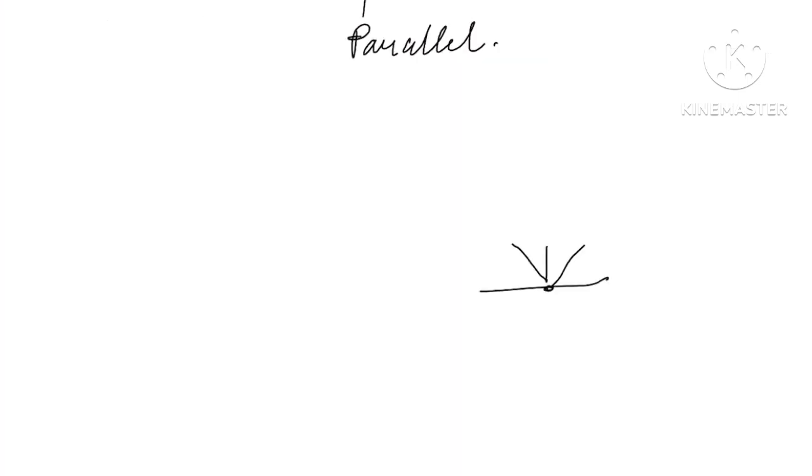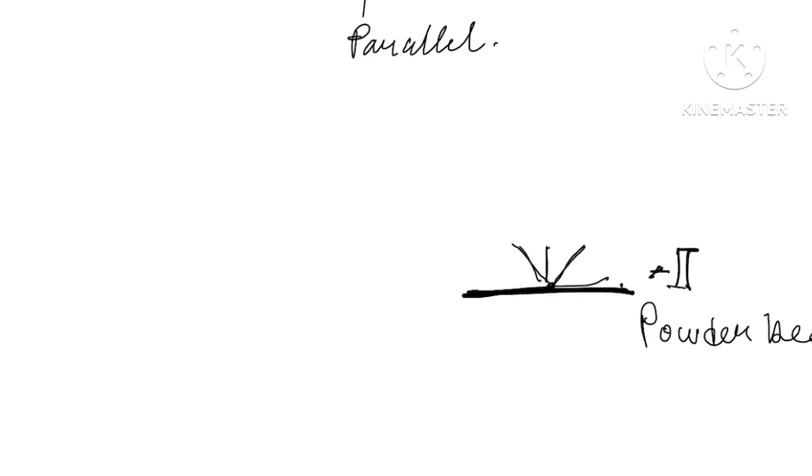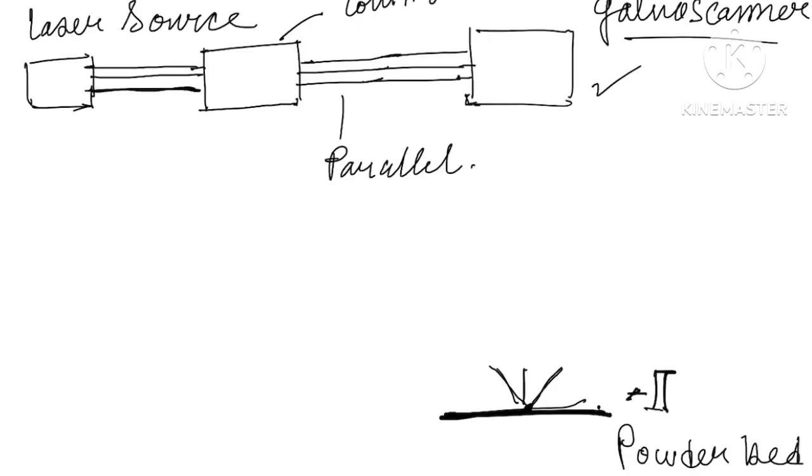So first of all, this is the powder bed over which the recoater will deposit the powder layer. The laser will come and consolidate the particles present over the powder bed. So the galvo scanner is making the laser beam move over the substrate or the powder bed very fast, very rapidly, and also it is used to bend the laser beam wherever it is needed.